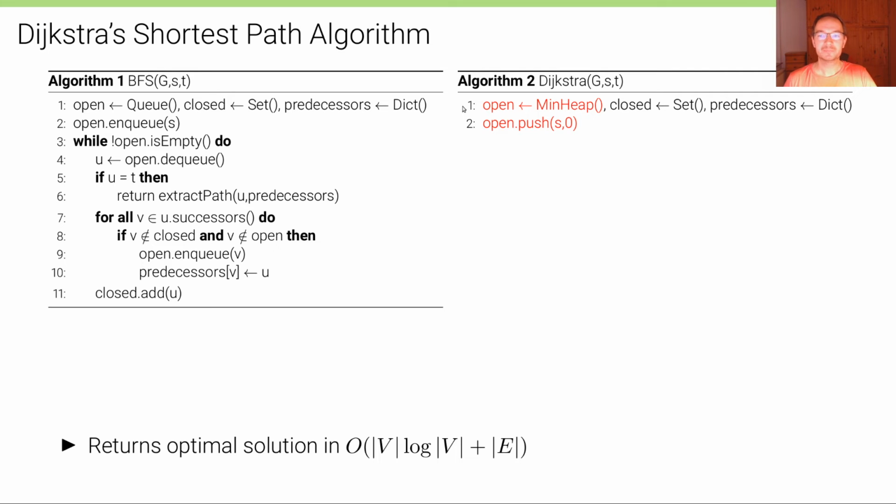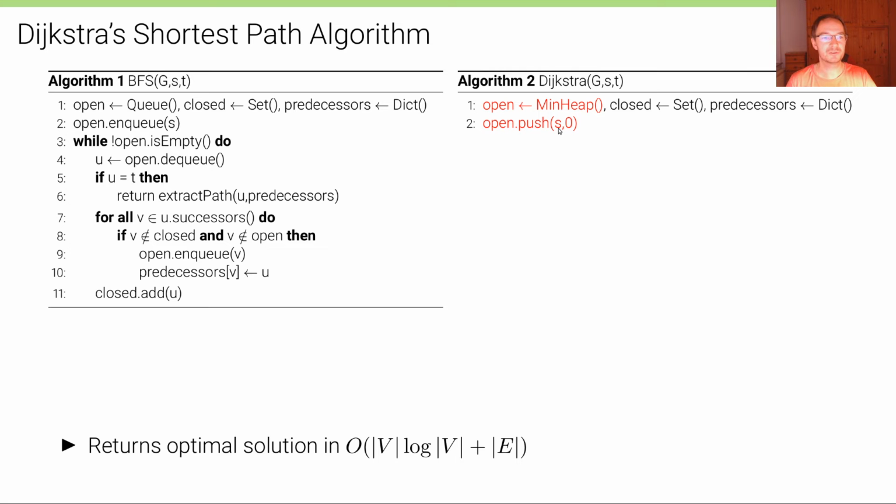The first thing we are going to do is we are going to allocate the variables. Again, we have a closed set and a predecessor dictionary, but now we have not an open queue, but an open min heap. And instead of just enqueuing the source, we are pushing to that min heap. So the operation to add something here is called push.